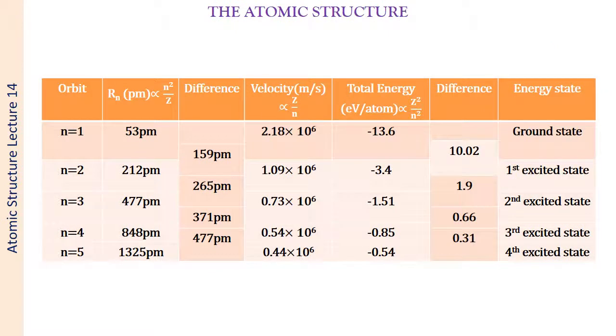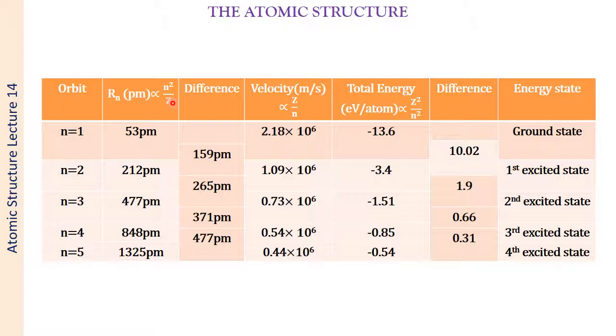Here is a chart also that is going to explain the relation between the various parameters and n, Z. So we have the orbit number, we have the radius. So radius is proportional to n square by Z. With the increase in the value of Z, the radius is going to decrease for the particular orbit.